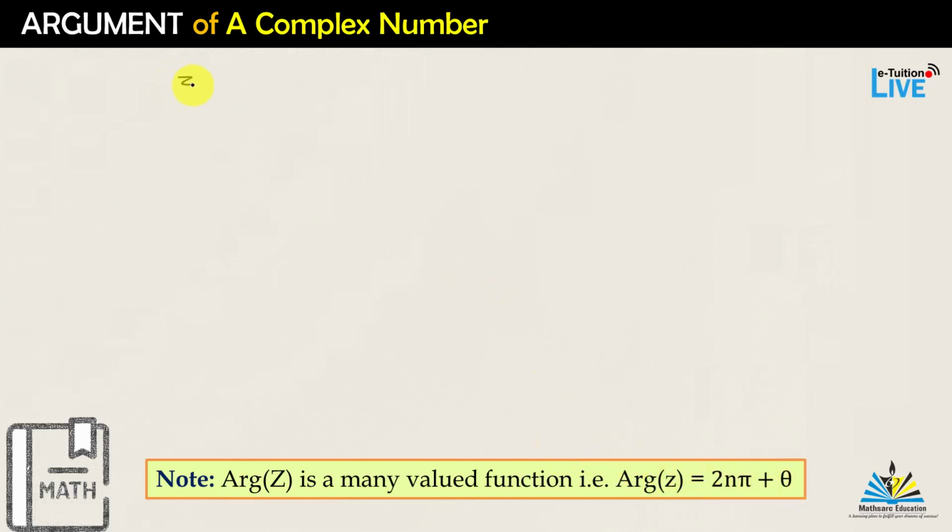Let's say we have a complex number z as 1 plus iota root 3. If we plot this on the Argand plane, then you can observe one thing here. This is 1 and this is root 3. So z is equal to 1 plus iota root 3. This is the complex number.